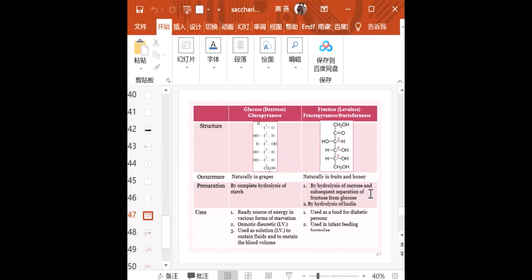It's by hydrolysis of sucrose and subsequent preparation of fructose from glucose also, or by hydrolysis of inulin. And inulin we will introduce, but maybe not today, in our next one. It's a polysaccharide, so it's a polymer.